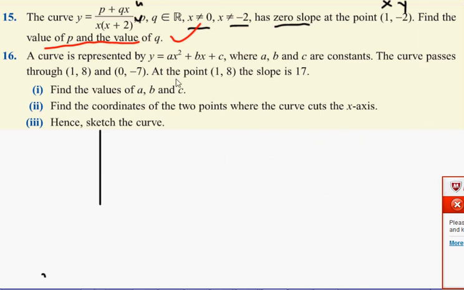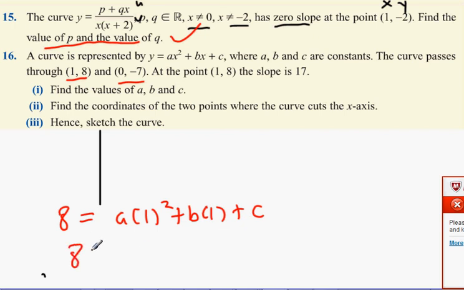Now, first things first, we know how many points on this graph. We actually know 2: 1, 8 and 0, minus 7. That means for both of these, when the y value is 8, the x value is 1. That will get me an equation straight away.